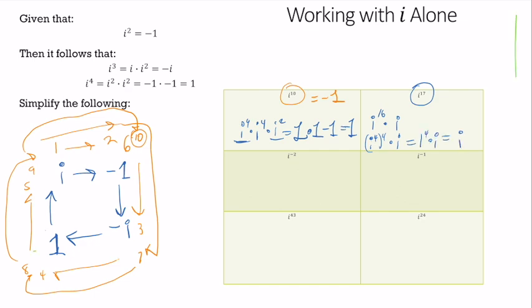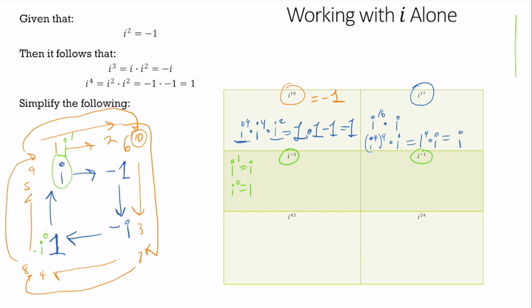Now I've got i to some negative exponents, like i to the -2 and i to the -1. So if I have i all by itself, that's i to the 1st, right? This point right here is i to the 1st. Well, that would mean if I've got i to the 0, it's 1, because any number to the 0 power is just 1. So that puts me here, i to the 0.